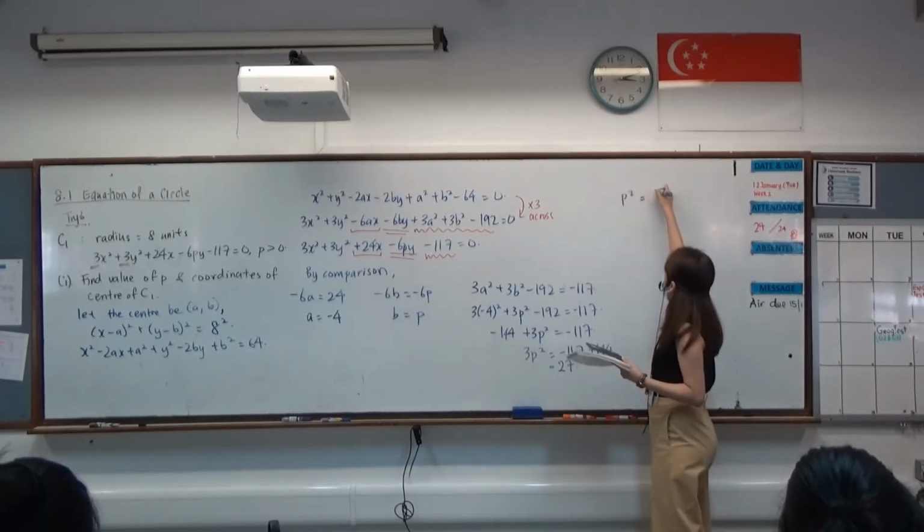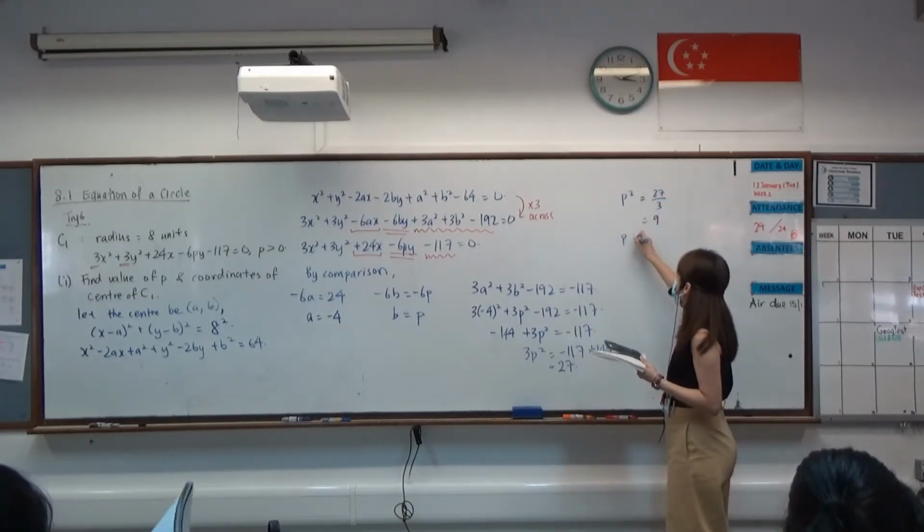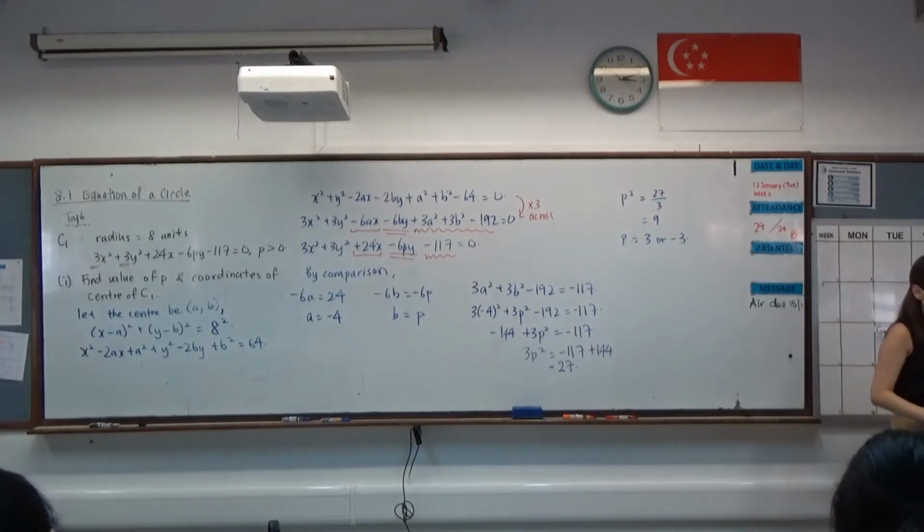So P squared is equals to 27 divided by 3, that's 9. And we find that P is 3 or negative 3.